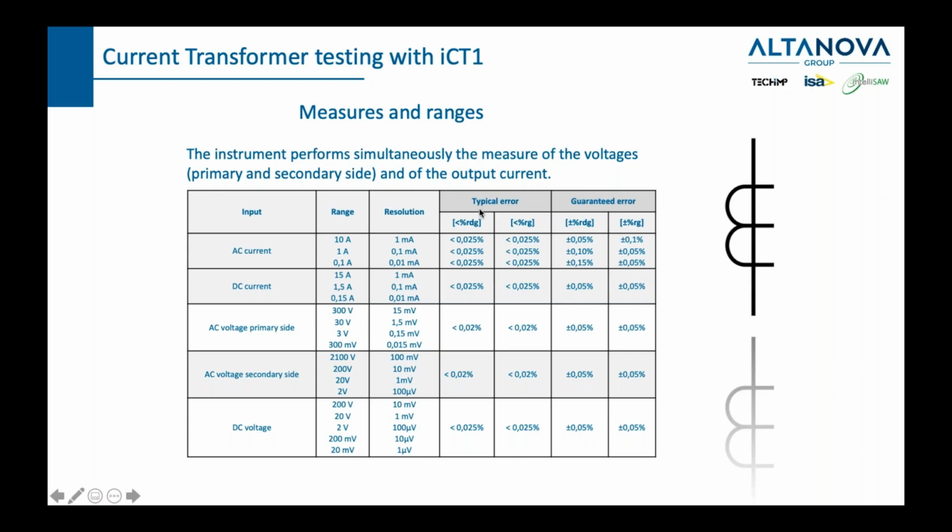We have, of course, the typical and the guaranteed errors, but you can see that for typical, for all of the mentioned outputs, we have the error which is between 0.02 and 0.025. Guaranteed error is twice as high, but still we talk about 0.05, which is a very high accuracy for such a small device which can do so many functions, and it's more than comparable to all other devices in the market.